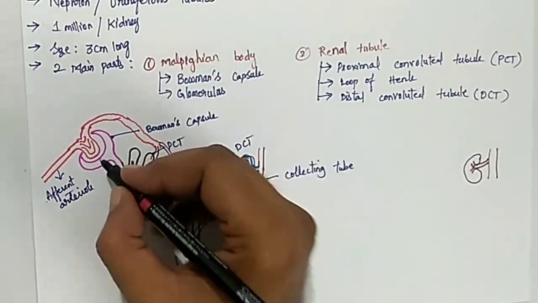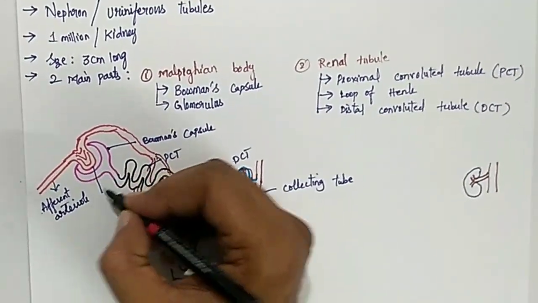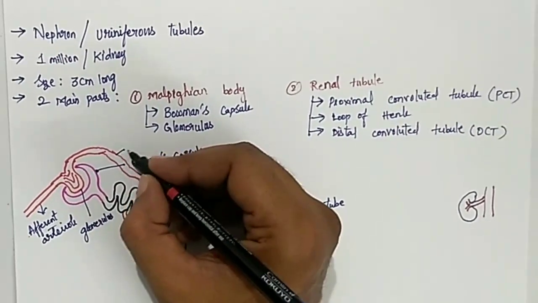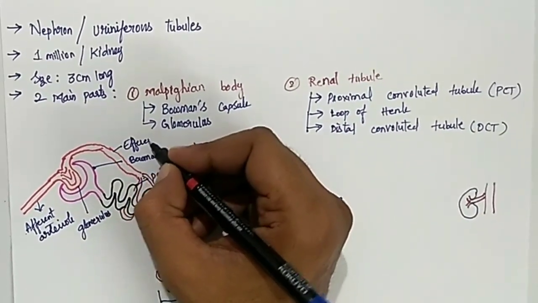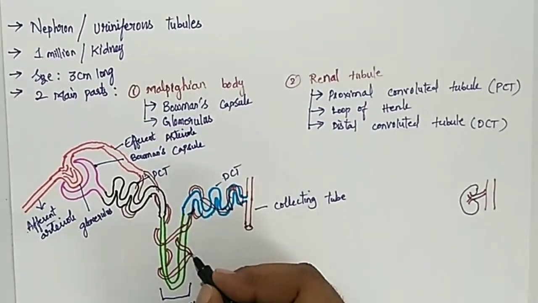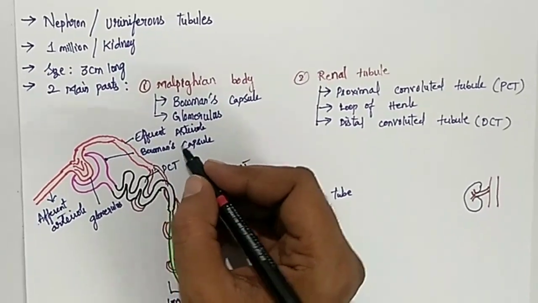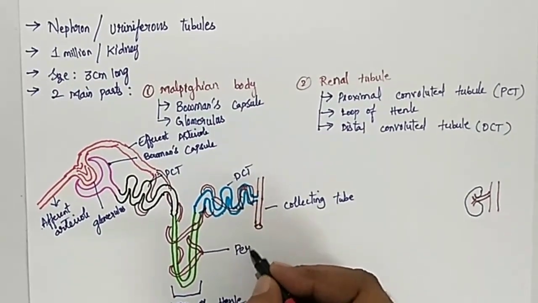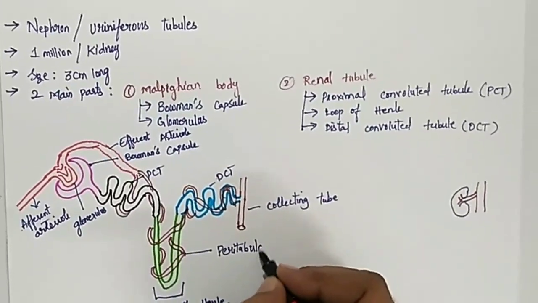Glomerulus is nothing but the capillaries. This is the efferent arteriole. Then the efferent arteriole is divided again into capillaries, and these capillaries are called peritubular capillaries.